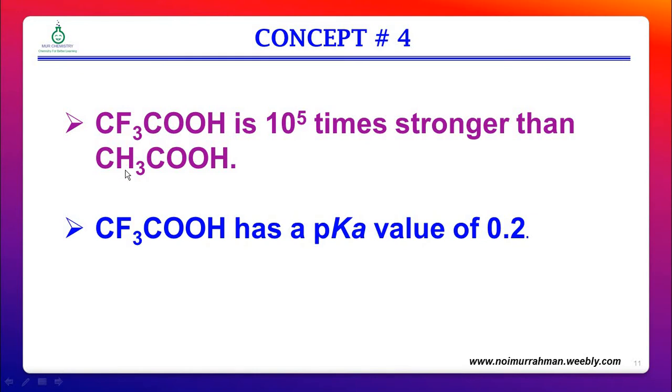Here 3 hydrogens have no electron donating or electron withdrawing effects. That's why acetic acid is less acidic as compared to trifluoroacetic acid. It has been observed that trifluoroacetic acid has a pKa value of 0.2. Since pKa value is very less, it means that it is a very strong acid.